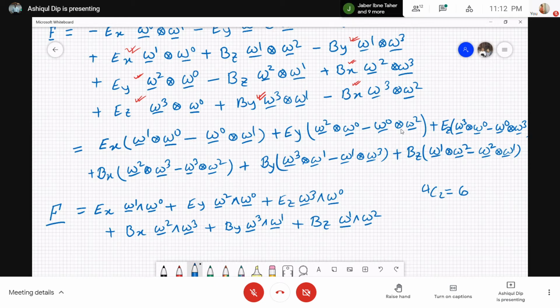So in 4 dimensions, a 2 form has 6 independent components, and those are these. So the electromagnetic field is pretty much a general 0-2 antisymmetric tensor.